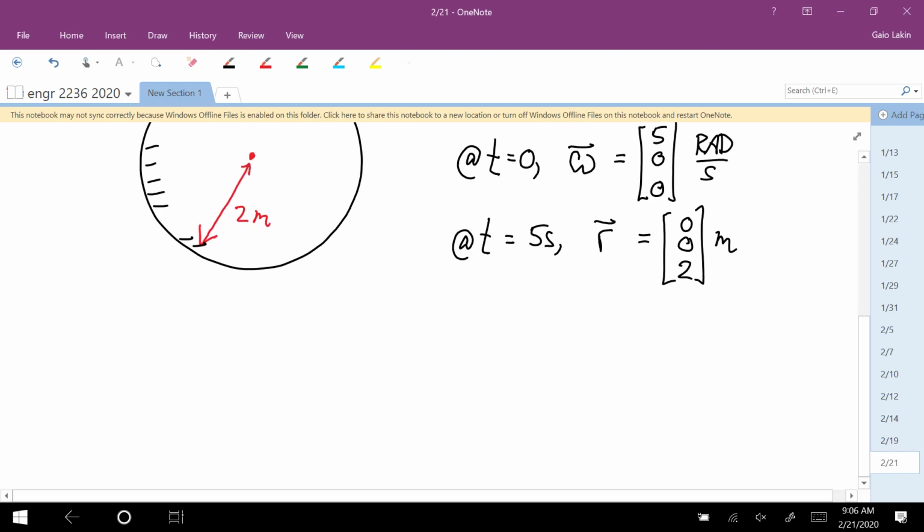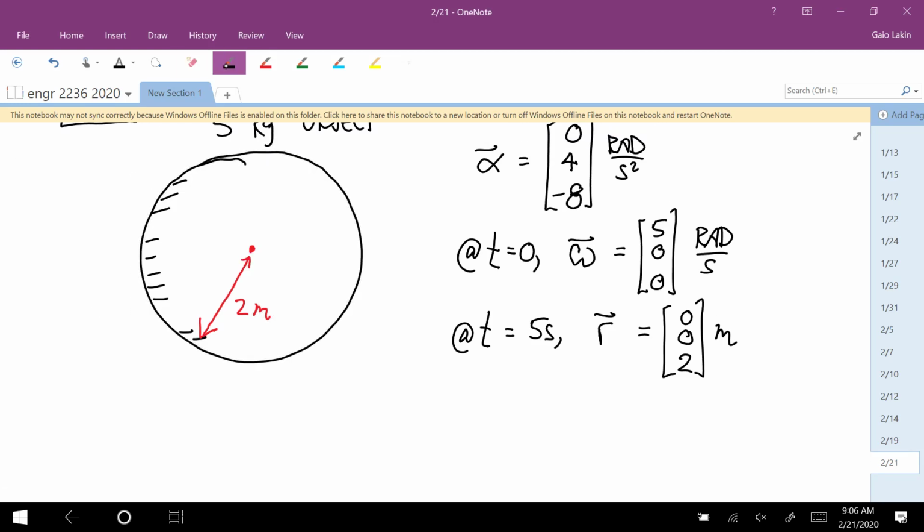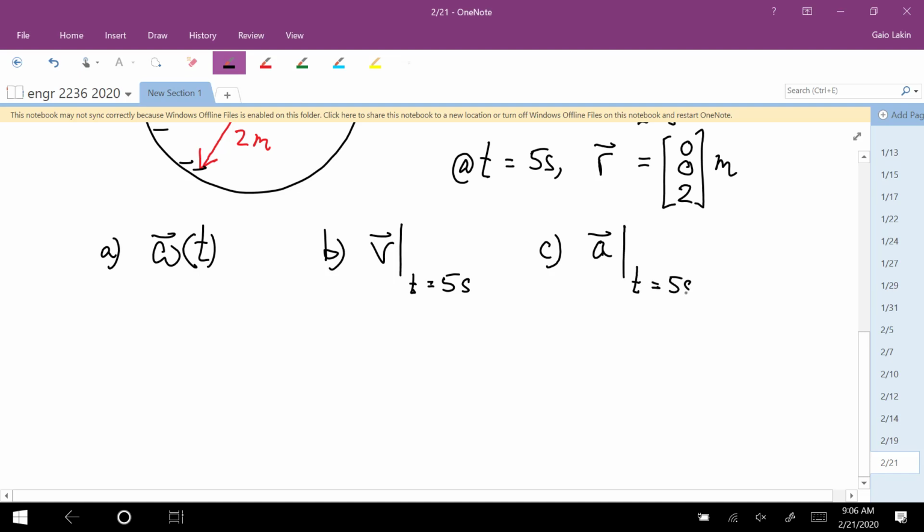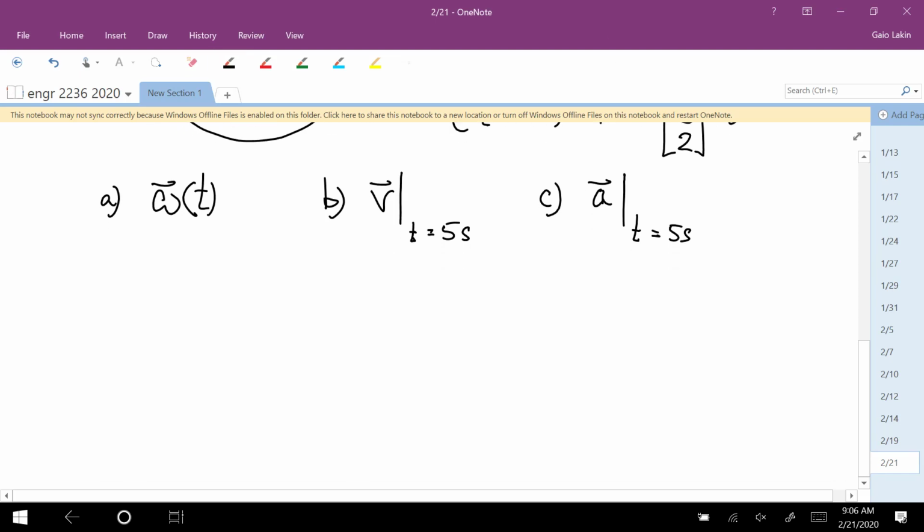We want to calculate the angular velocity as a function of time, the velocity vector when time is equal to 5 seconds, the acceleration vector when time is 5 seconds, and the net force on the object when time is equal to 5 seconds.